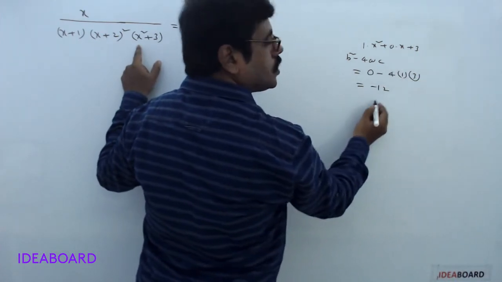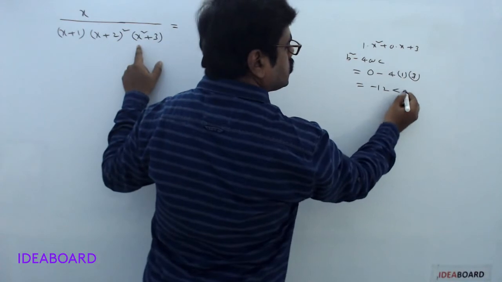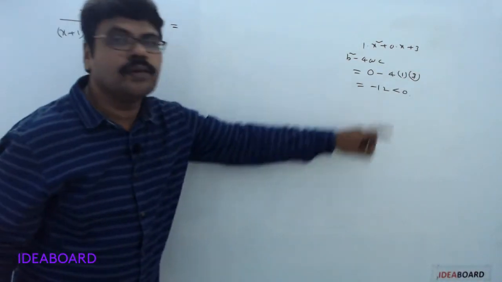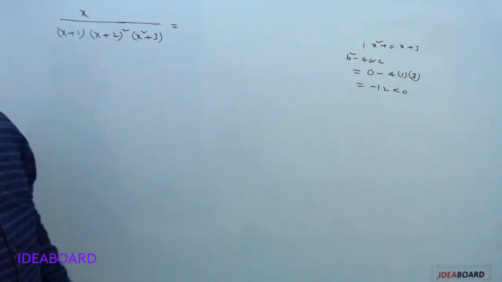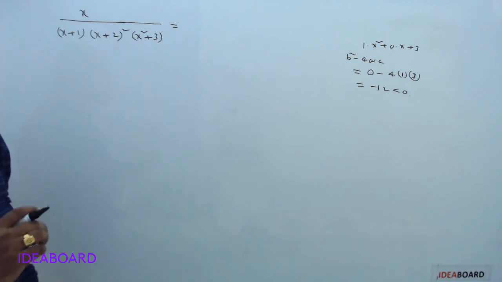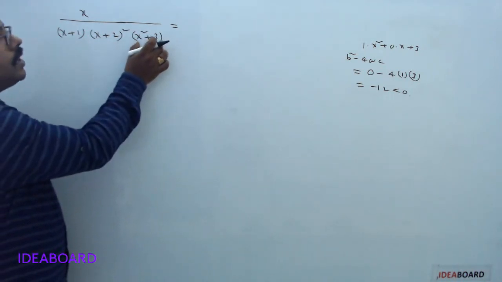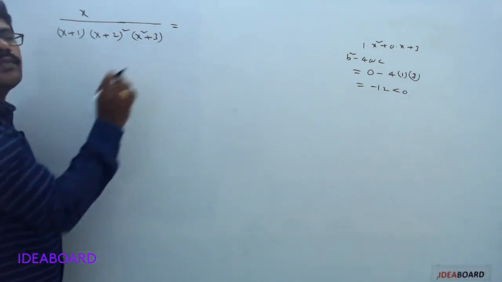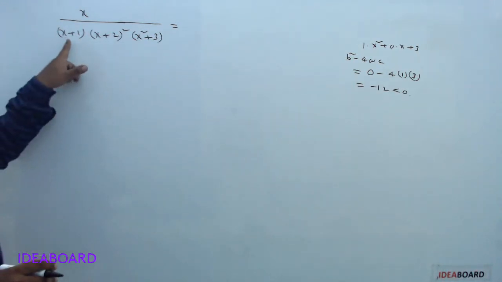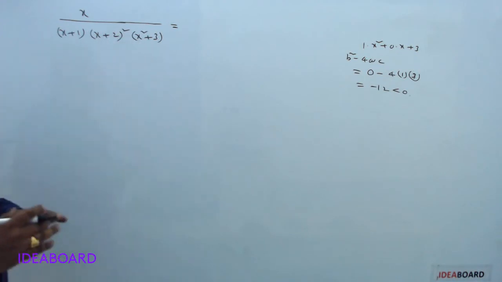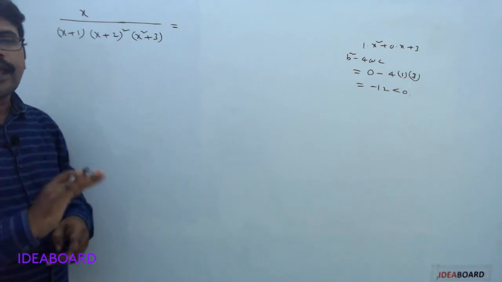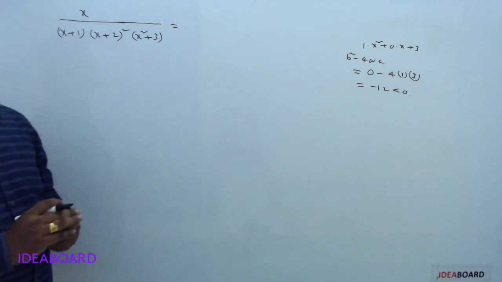This is minus 12, so lesser than 0. Discriminant value is negative, so it is called an irreducible quadratic factor, in particular, a non-repeated irreducible quadratic factor. So it is the combination of type 1, type 2 and type 3.